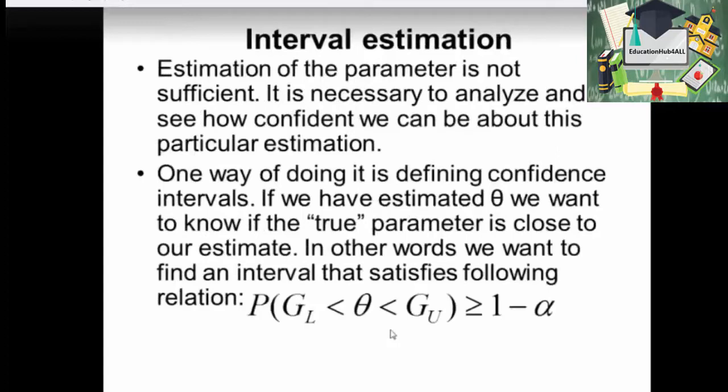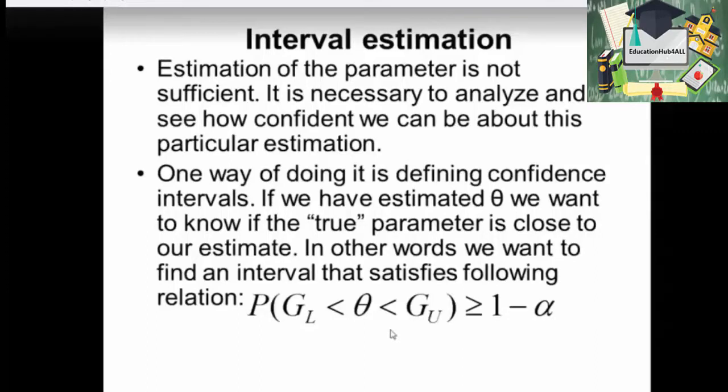The interval estimate: we find an interval, and of course, in statistics, nothing is 100% sure. Remember that. So we need to say, if I want to be 90% sure, you give me a range of the estimation.